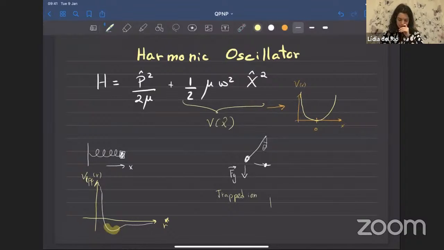And in this small region, the V of x is as much as possible close to the harmonic oscillator. And why, again, is because then in this region, we know how to solve this system. So we know what states these ions will have.